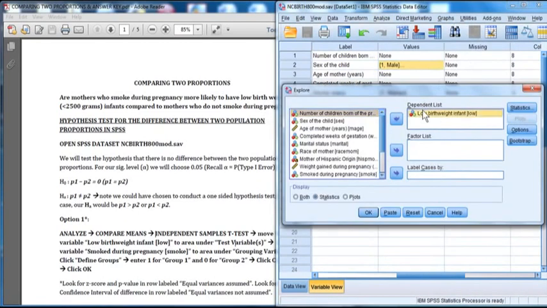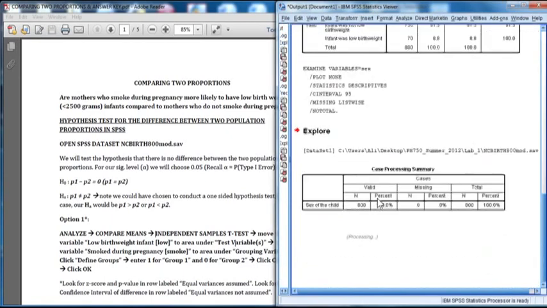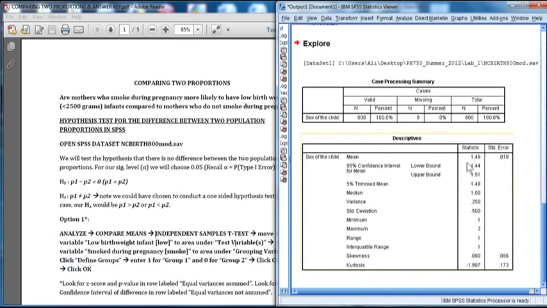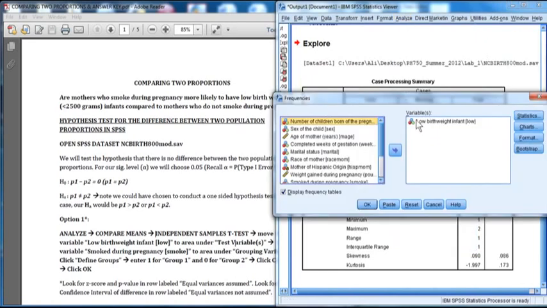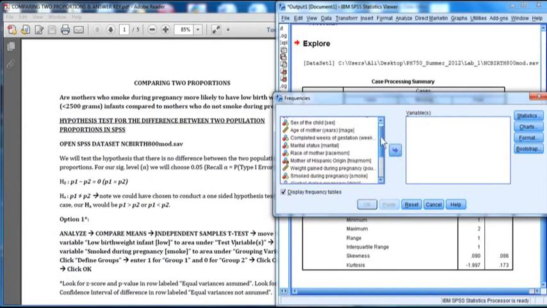If I asked it to calculate the mean of the sex of the child, we see here it gives us a mean of 1.48, which actually is not the probability of the outcome designated by 1, in this case male.